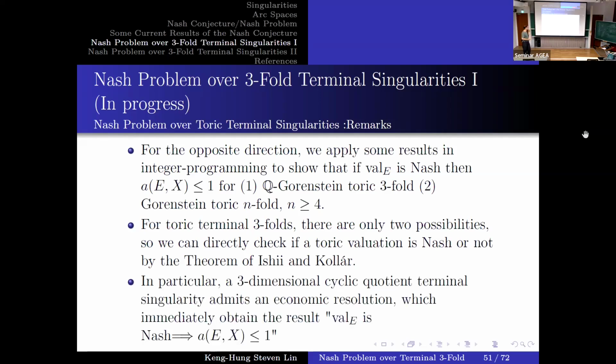Furthermore, we know that for a 3-dimensional cyclic quotient terminal singularity, it admits the so-called economic resolution, which means in this resolution, all divisors have discrepancy bounded by 1. So this also proves that, like in the first case of the toric terminal 3-fold, valuation is Nash implies discrepancy is bounded by 1.